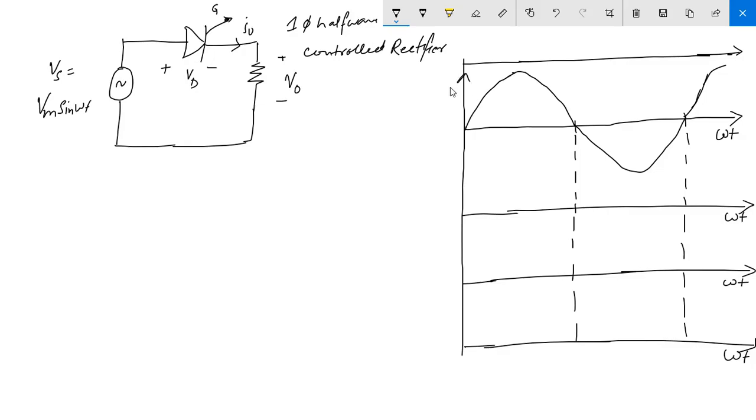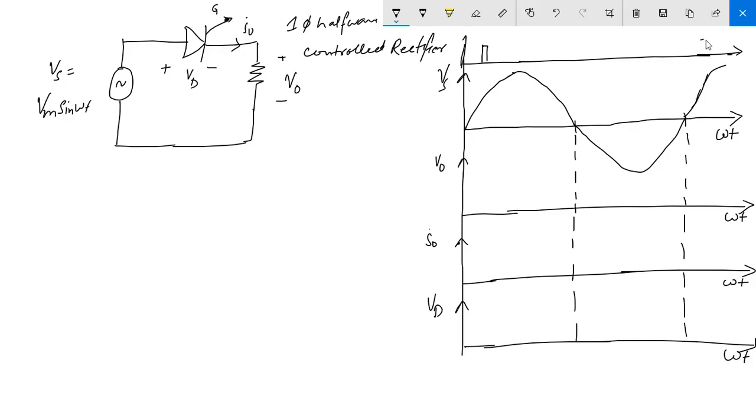So this is your supply voltage Vs, this is your V naught, this will be I naught, and this will be your Vd. So let us assume that the firing is given, that is your SCR is triggered somewhere here, right? So the pulse will be like this.